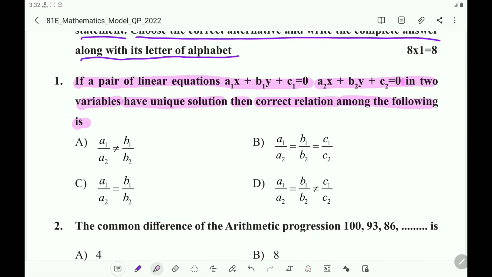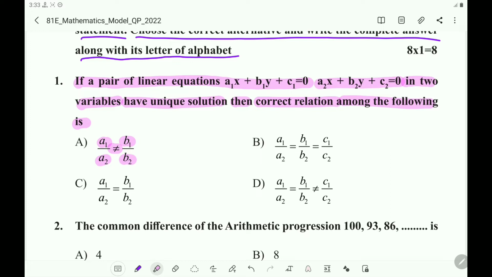You must know it. If the pair of linear equations is having unique solution, means only one solution, if and only if a1/a2 is not equal to b1/b2.